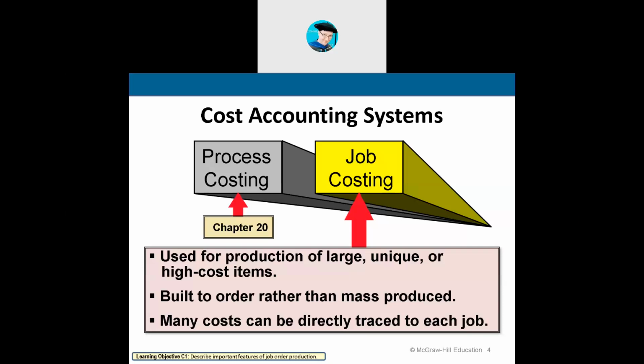Toyota uses what's called a just-in-time manufacturing process. And the way that they build their cars is based off of the customer's order. The customer goes on to Toyota's website and they build their car virtually, right?